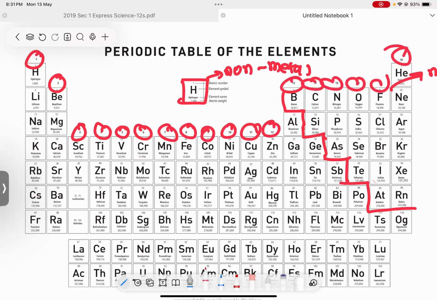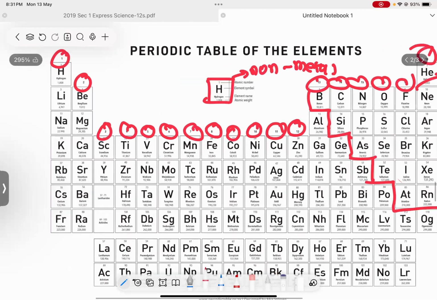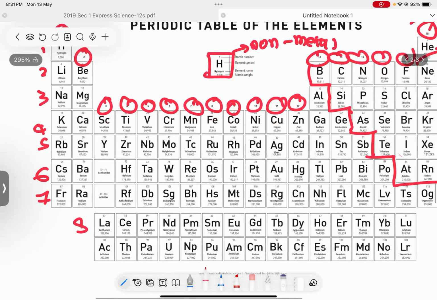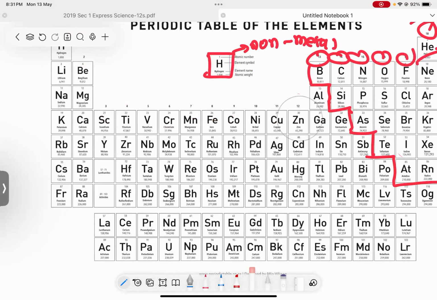And then later, if you see past your papers, you will also see 1, 2, 3, 4, 5, 6, 7, 8, 9 over here. So you guys might be asking me, what is that? I'm super confused.